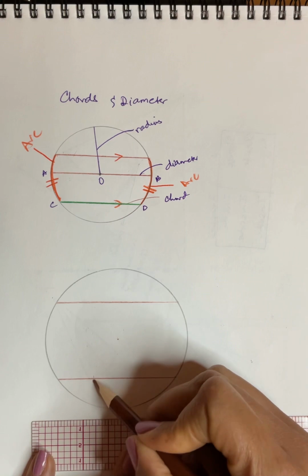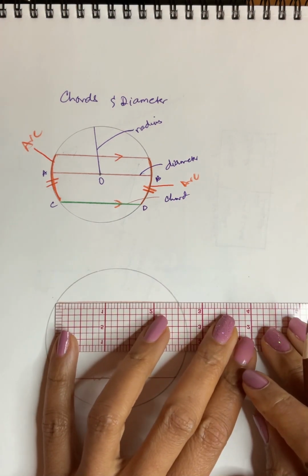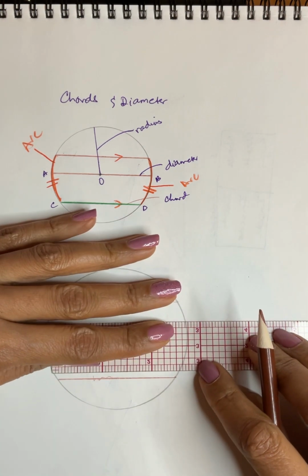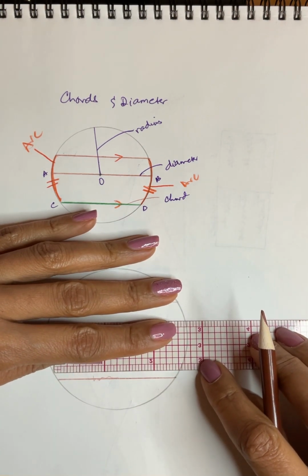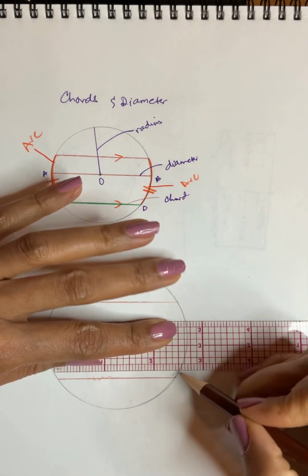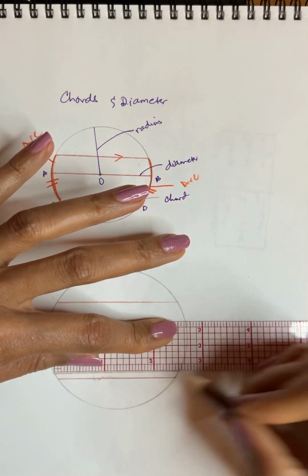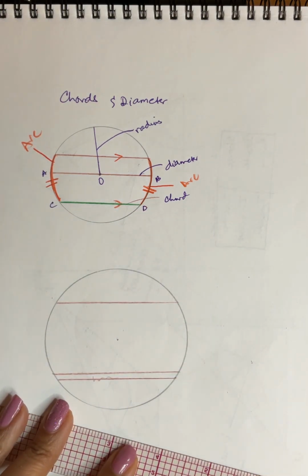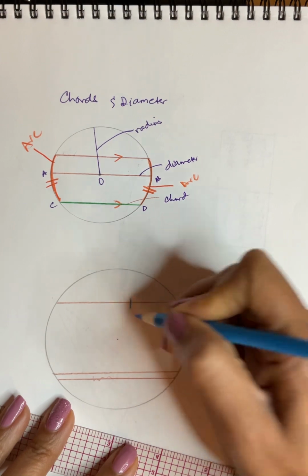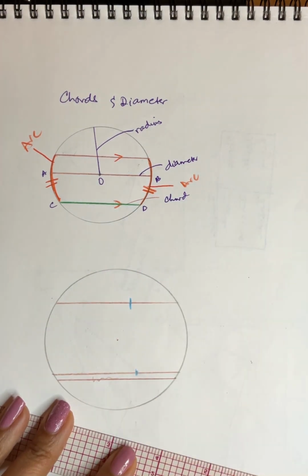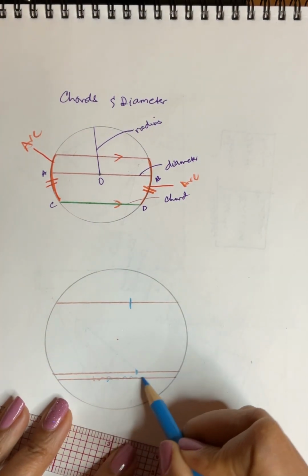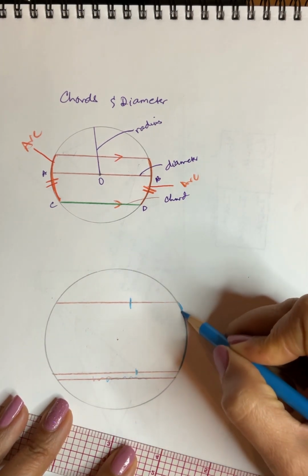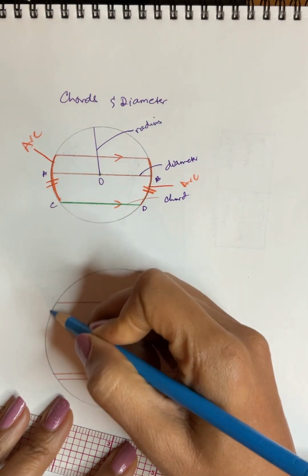Okay, so let's get rid of this one then. I want to use this measurement that's more precise, which is 2.5. So let's do our one that is 2.5 here. Now because these two chords are congruent, then also the arcs between them are going to be congruent.